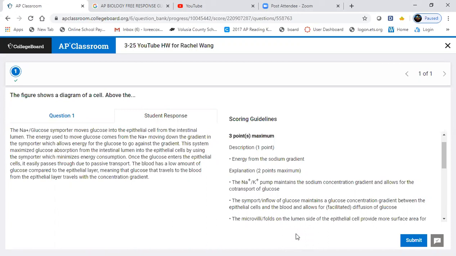They also state the energy used to move the glucose comes from the sodium moving down its gradient, and the symporter allows energy for glucose to go against that gradient. Now, that is the kind of response we're looking for, cool cats. We need to see stuff like that in our responses.